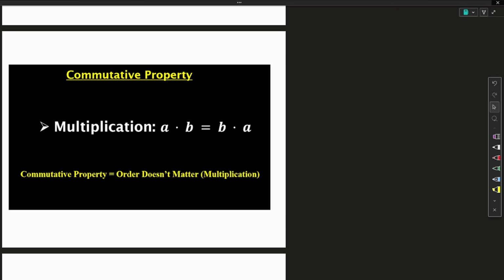Now let's talk about the commutative property for multiplication.